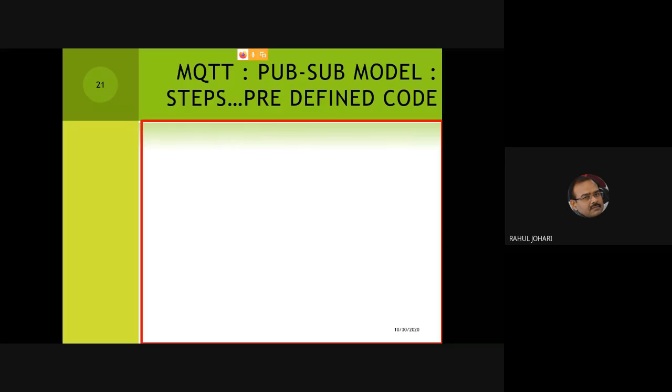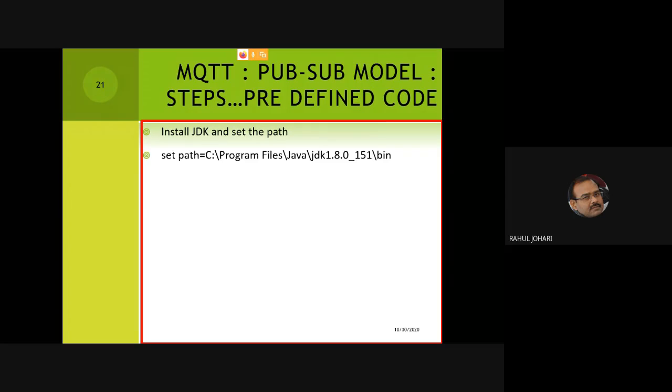When we are using the predefined code, we need to follow certain steps, because Java is very methodical and systematic in nature. It follows certain steps that need to be configured on our systems. First of all, we install the JDK and set the path of the JDK on our system.